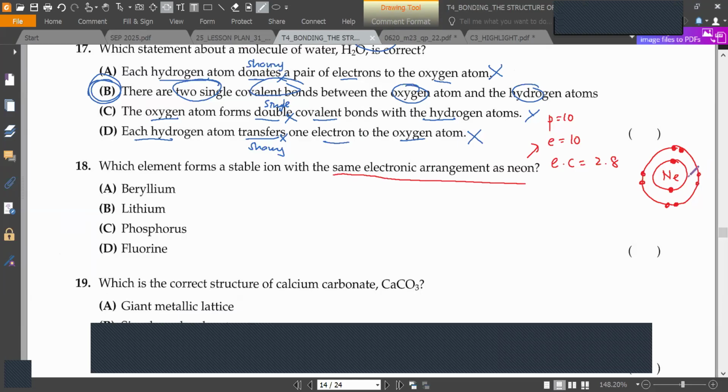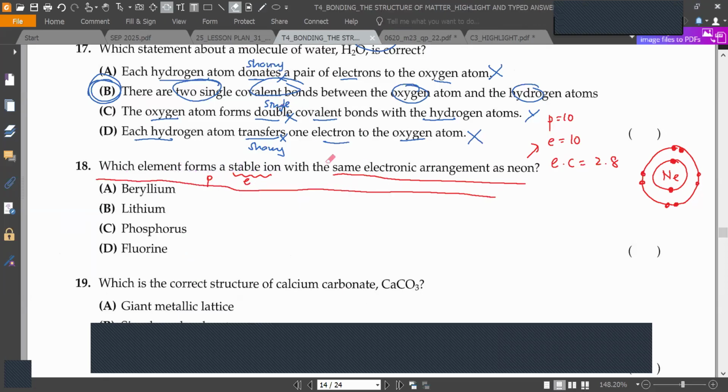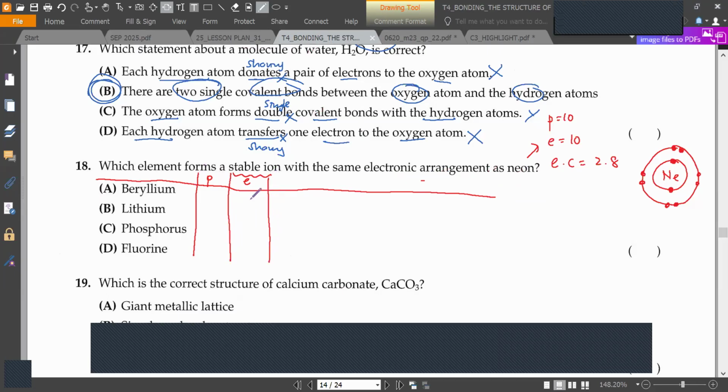So it will form a stable ion. We can start by listing out the number of protons, number of electrons, and electronic configuration.